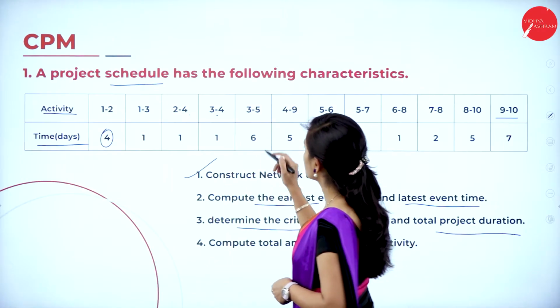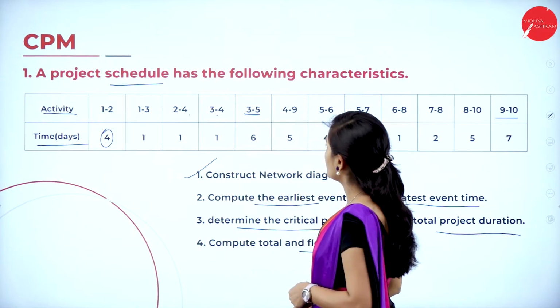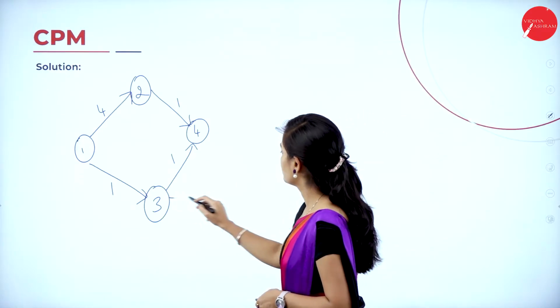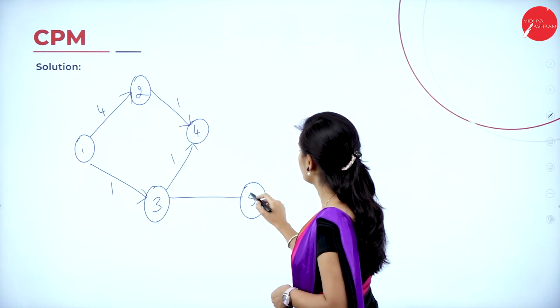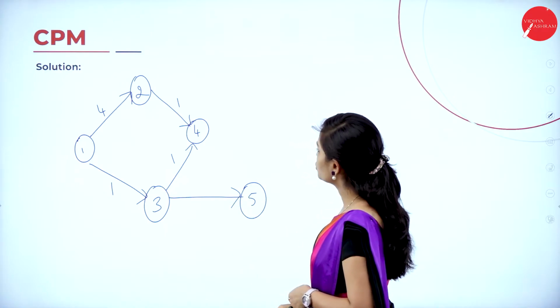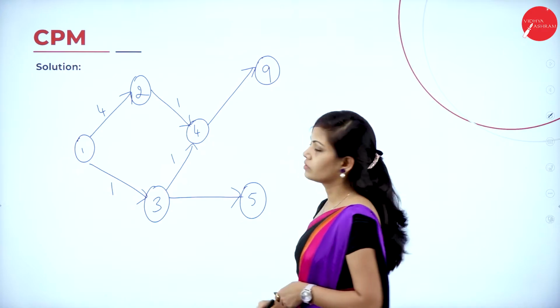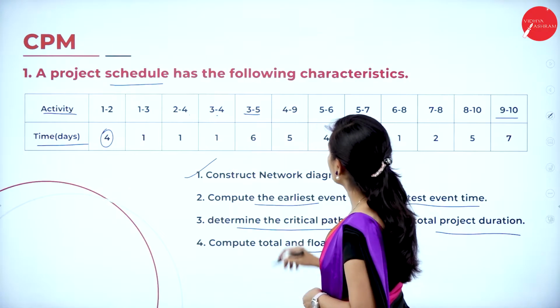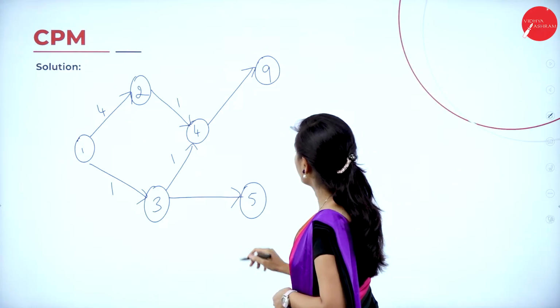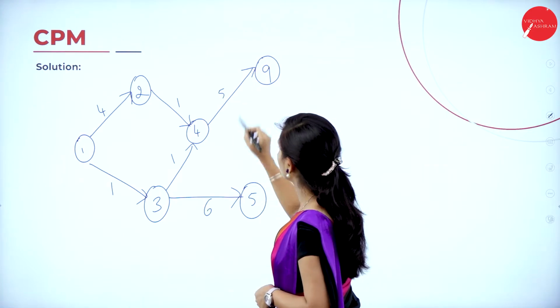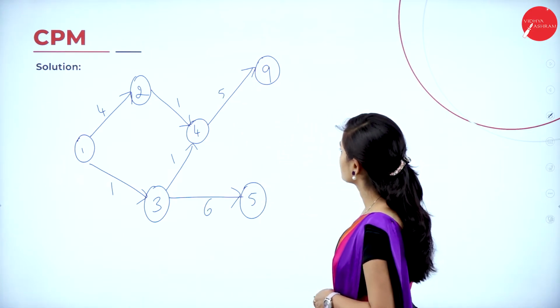And the next one is 3 to 5 and 4 to 9. So 3 to 5 is 6, and 4 to 9 is 5.